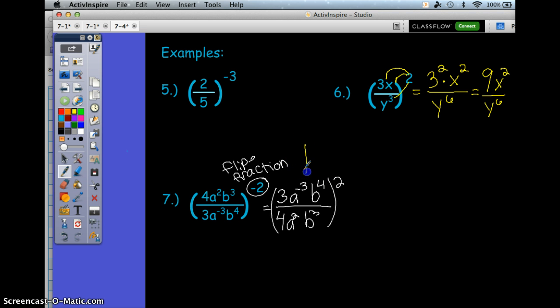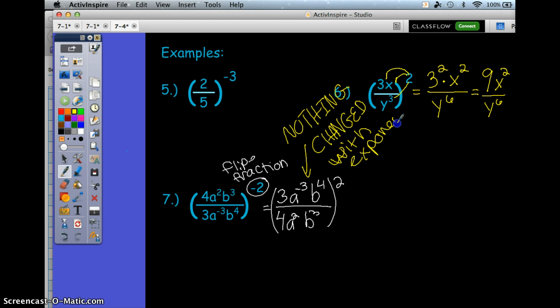Notice nothing changed with exponents inside. All you literally did is, it's like you cut it in half, and you took this whole thing and moved it down, and this whole thing and moved it up. Nothing changed.